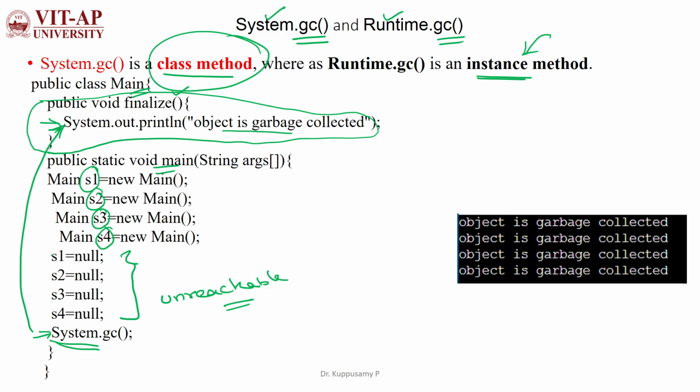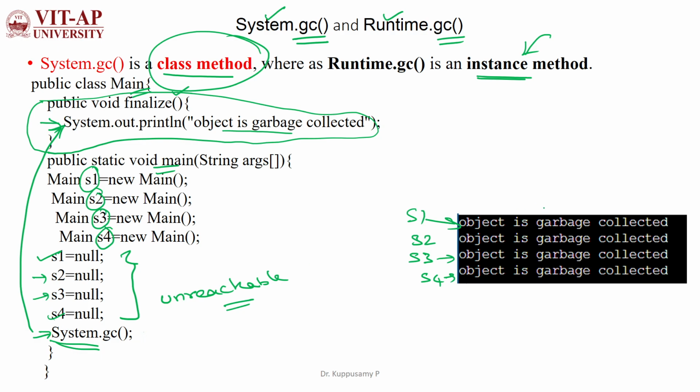If we have 4 objects, the first time it is executed for object s1, for object 2 the finalize method is executed a second time, for object 3 a third time, and for object 4 a fourth time. Then all objects are over, and it will automatically exit from the program.